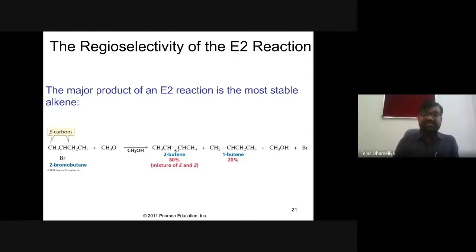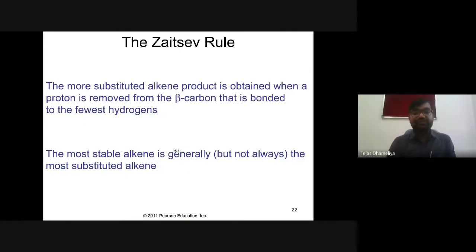This can be studied with the help of a popular rule, which is called the Zaitsev rule. In your +1 or +2 you might have heard of another spelling of it, but there is no difference between the two rules. It is just a difference in transliteration from German.